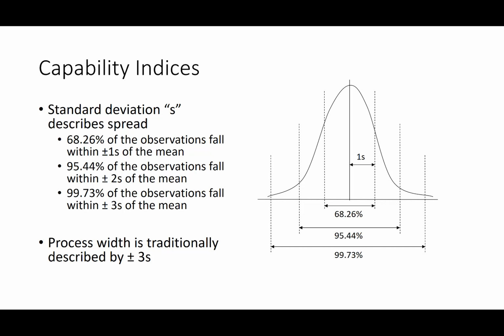The process width for CP and CPK is typically described as plus or minus 3 standard deviations. Plus or minus 3 standard deviations would give a 1.0 CPK, which we'll explain in just a minute. That 1.0 CPK would mean that 99.73% of the time you would be within specifications.